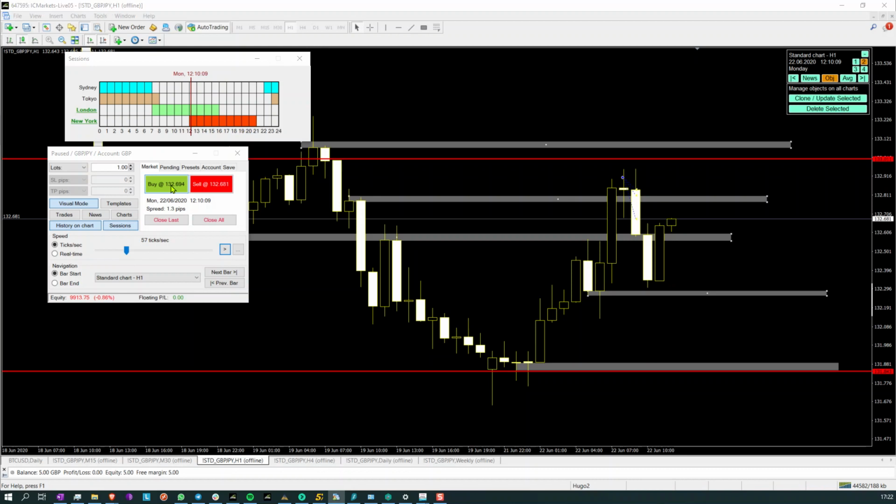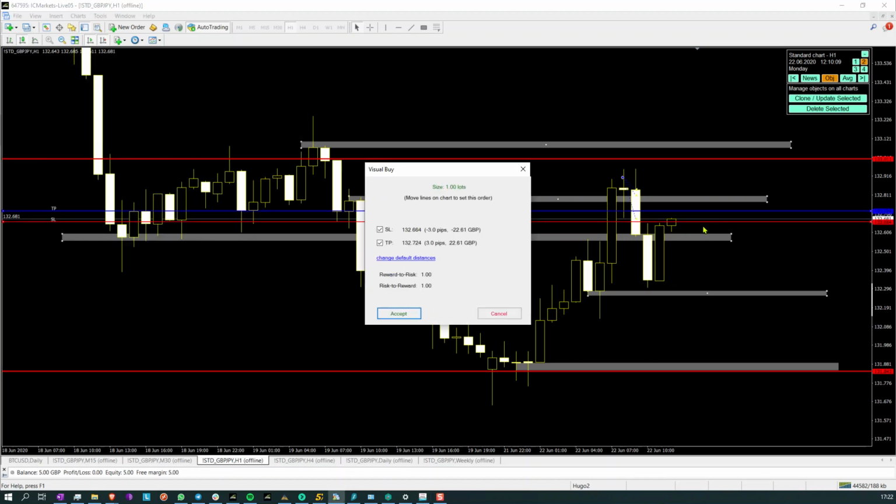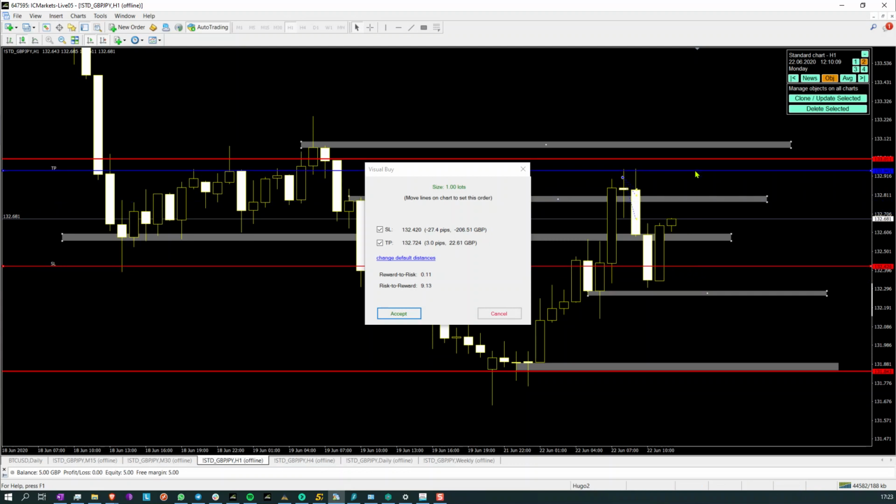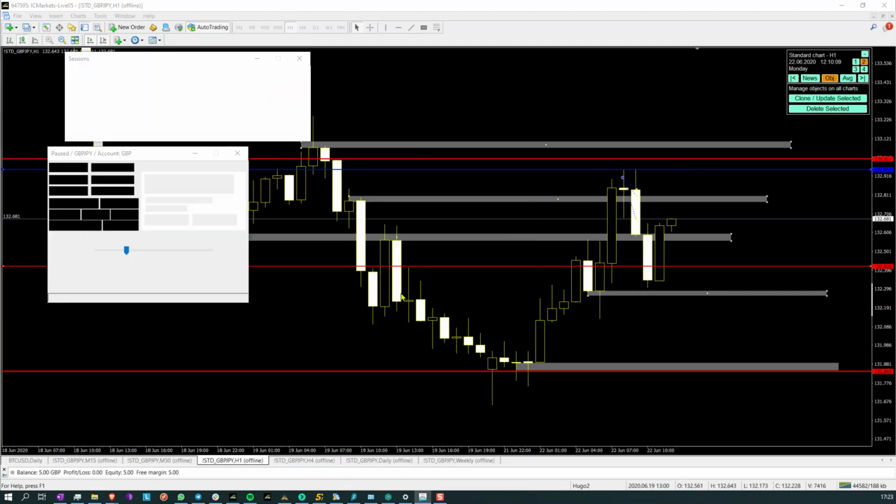I'm not expecting such a deep pullback, but I'm expecting those wicks to be formed again. Let's see how it goes.